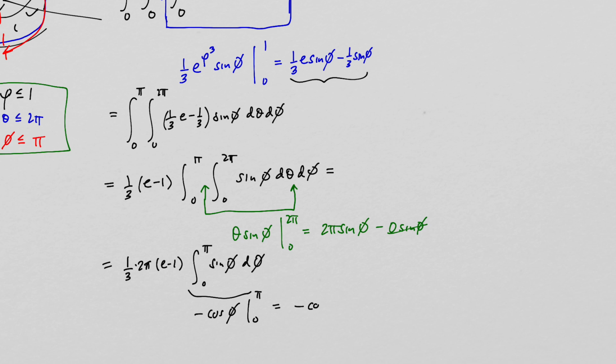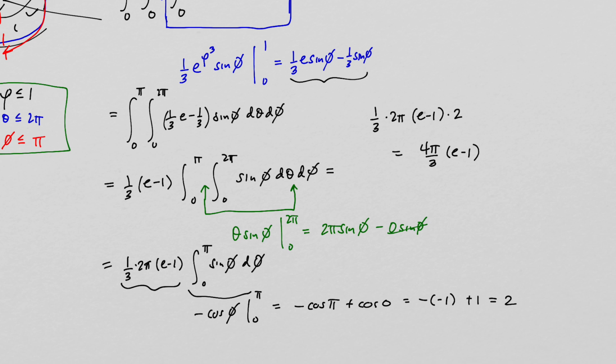It's going to be negative cosine of pi plus cosine of 0, which is negative 1 plus 1, which equals 2. And so we're going to multiply all of this by 2. So our final answer, we have 1/3 times 2 pi times e minus 1 times 2. And this is 4 pi over 3 times e minus 1.